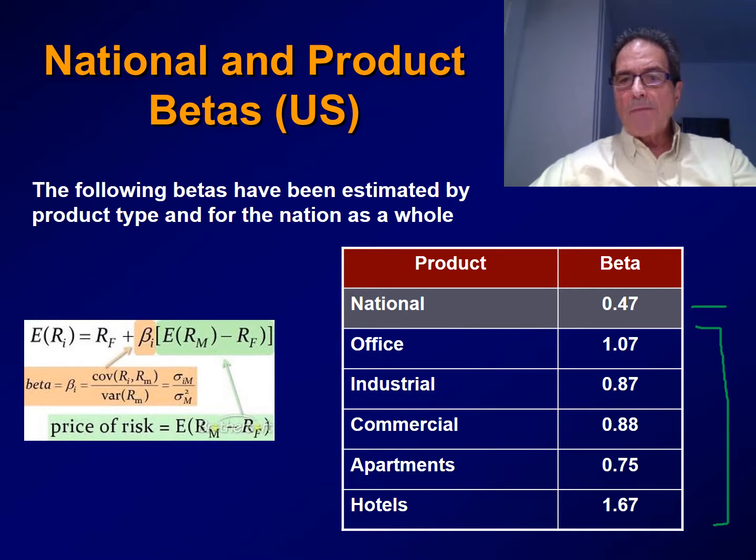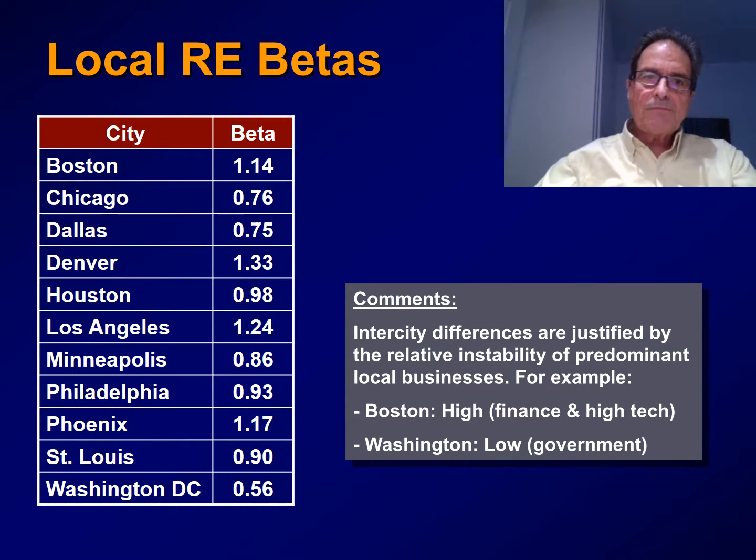The office market, 1.07, industrial properties, 0.87, commercial properties, 0.88, residential properties, 0.75, hotels, 1.67. And at the city level, the following results were obtained for different cities in the United States. For instance, Boston, 1.14, Chicago, 0.76, etc., all the way down to Washington, D.C.